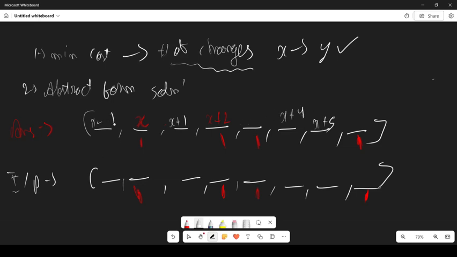Let's make it x minus 1, and this will be x plus 3, and this will be x plus 6. So this will be x, this will be x plus 2, this will be x plus 3, this will be x plus 6. And these are the indices, 1-based: this is 1, 2, 3, 4, 5, 6, 7, 8.